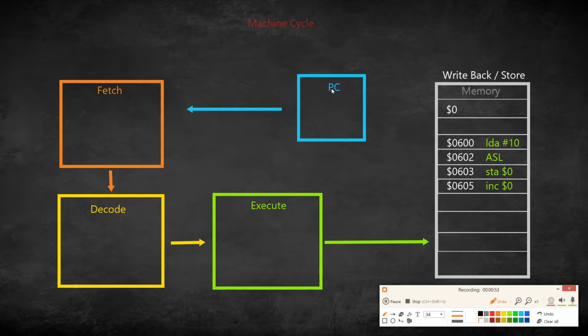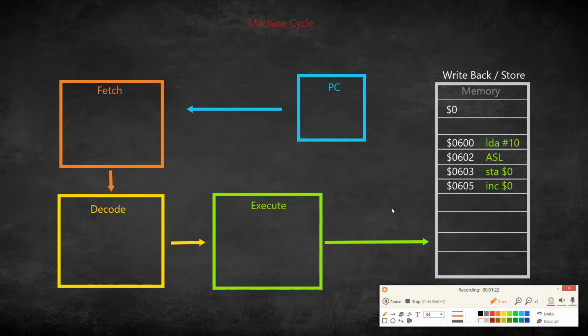So to begin with, we need a PC. Our program counter is going to point at a part of our memory where our code is stored, and where it points is where it's going to run the instruction. So if it points anywhere in the memory, it's going to look at the code and run it.